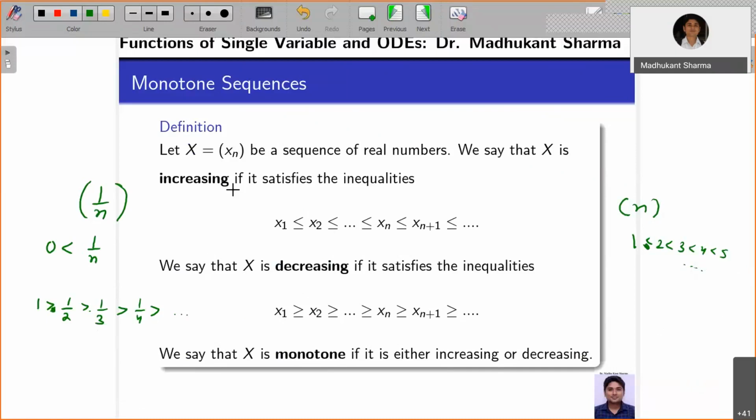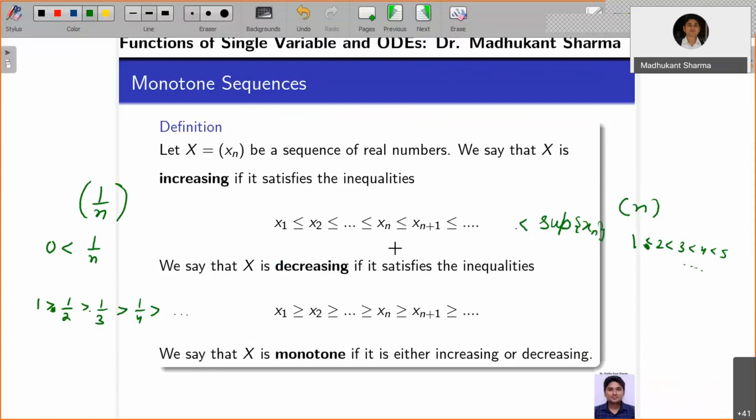If you look at the behavior of an increasing sequence, it's x1 less than or equal to x2 and so on, increasing with xn. So where does it converge? It should converge to the least upper bound, the supremum of the set of xn.